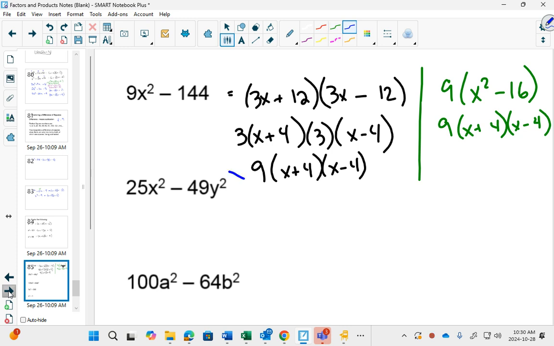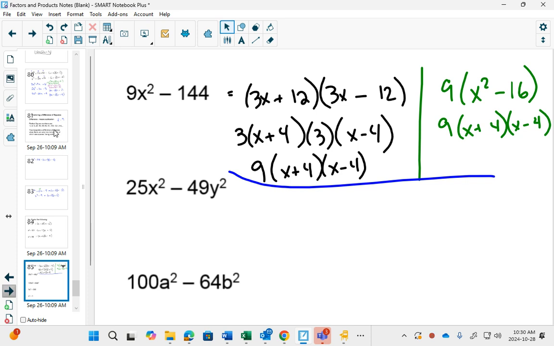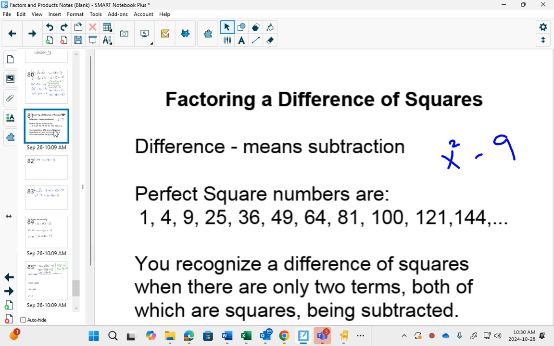I'm going to draw a line here and switch colors because we're running out of room. 25, a perfect square. 49, a perfect square. Okay? So one of the things you start to notice a lot in this unit is your mental math has to be strong. So this list of perfect squares, you kind of have to know them.